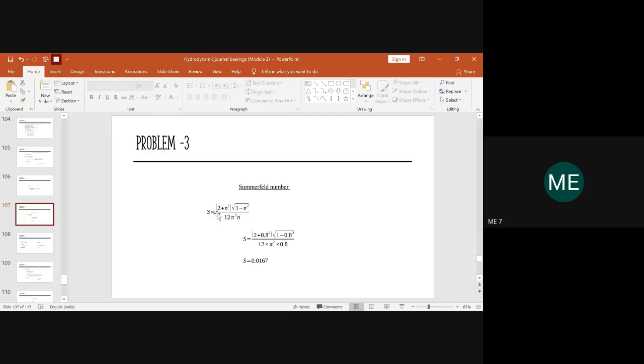It is given by (2 plus n square) into root of (1 minus n square) divided by 12 pi square into n. Here the only value we need to substitute is the eccentricity ratio, which is given in the question as 0.8. So substitute the value in the given equation and calculate the Sommerfeld number for the given full journal bearing. Please check what value you get.